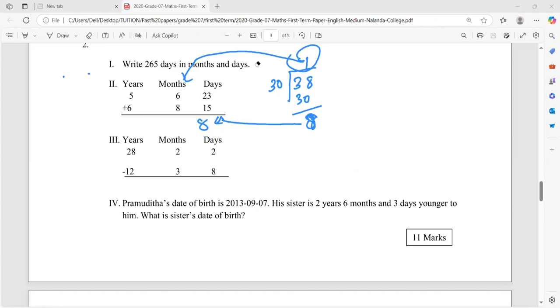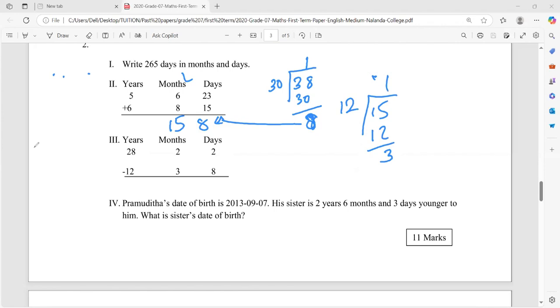So then you have to add this here. And 7 plus 8 is 15. Actually, you cannot write 15 months. 15 months means more than 12 months. Therefore, we have to divide by 12 to find how many years are there within this 15 months. So there is only 1 12. 1 into 12 is 12. Remaining is 3.